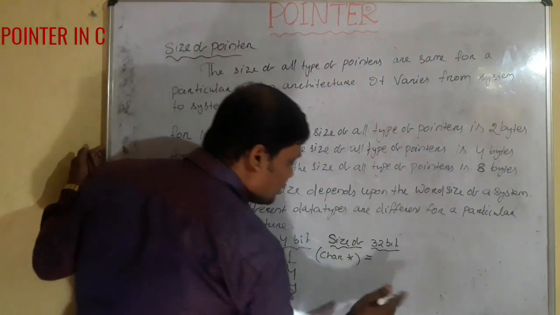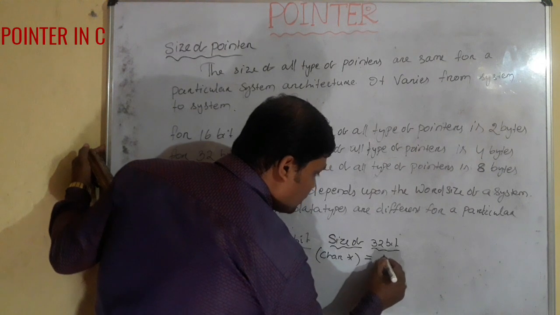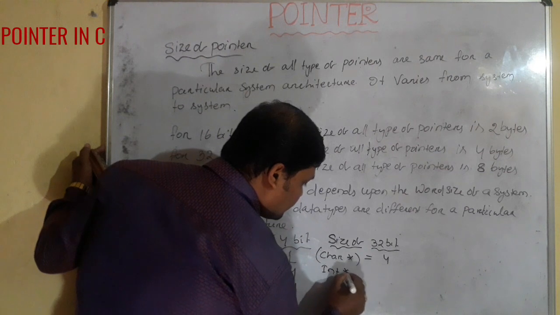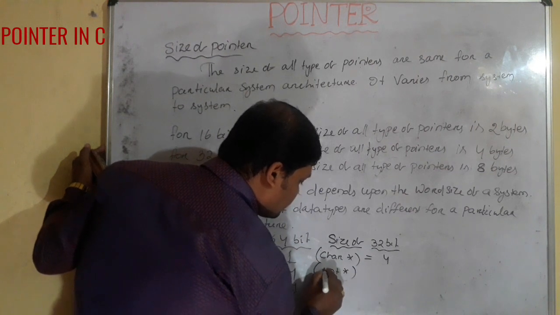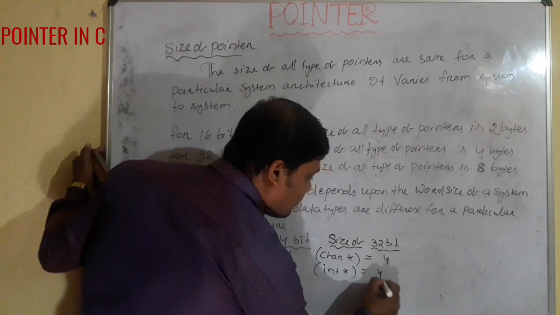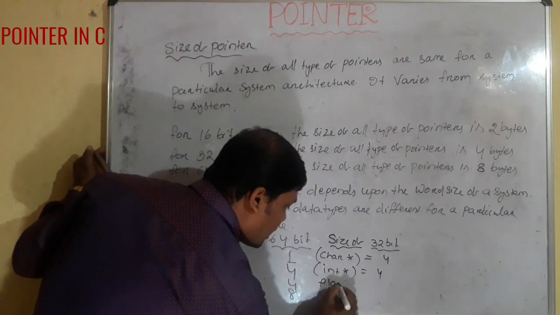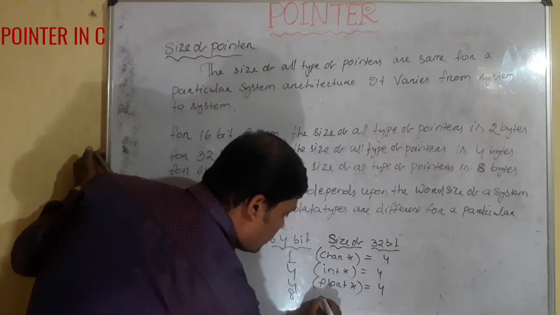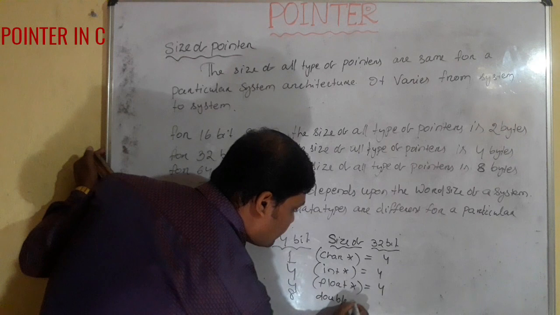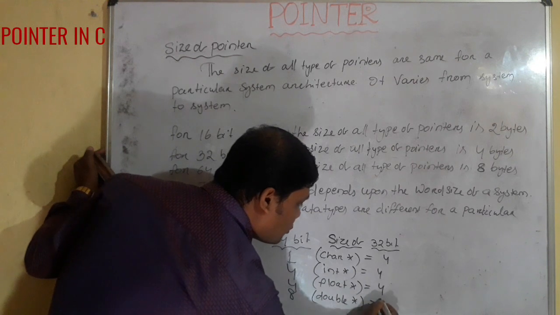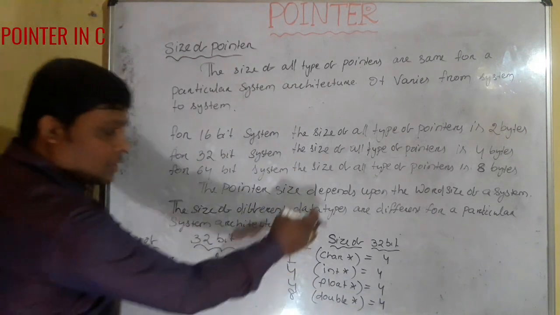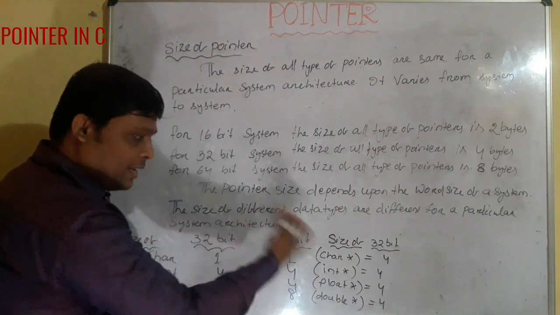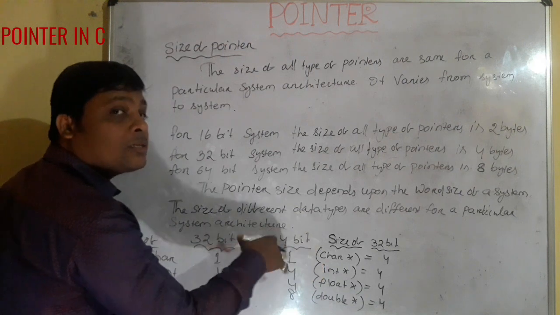Clear? Size of char star is what? 4. Integer star is the same, 4. Your float star, 4. Your double star also 4. So it is constant for all data types for a particular system, but varies from system architecture to system architecture.